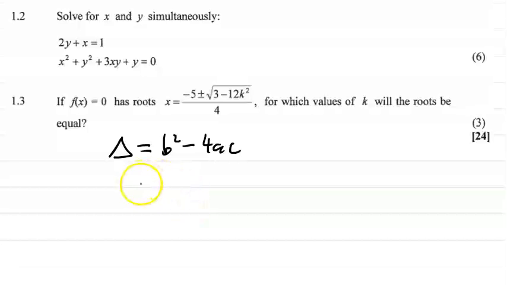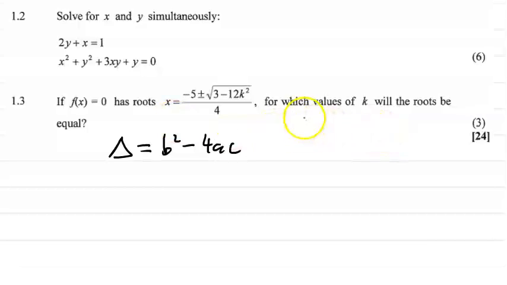And if delta is less than 0, our roots are non-real. Also take into consideration that if delta is greater than or equal to 0, and it's a perfect square, then our roots are rational. If it's not a perfect square, our roots are irrational. So make sure that you learn the summary for nature of roots. Then you'll be able to answer your questions a little bit easier.